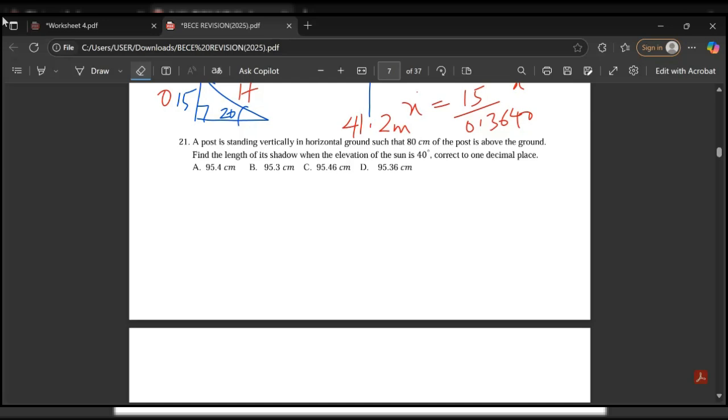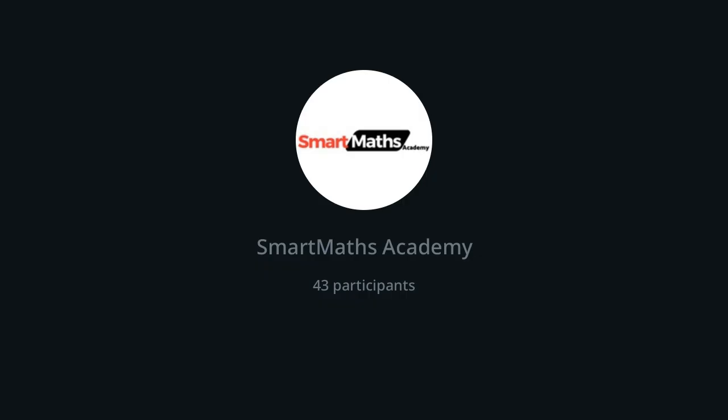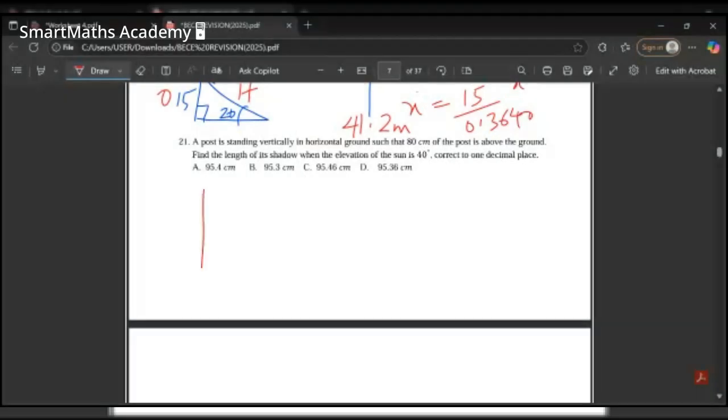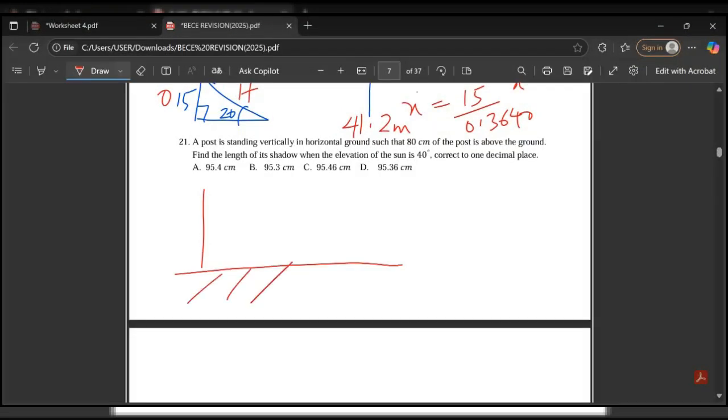So a post is standing. This is a post, standing here vertically. This is a vertical pole in horizontal ground. We have horizontal ground like this. So this is the ground level. Now I have a post here, such that 80 centimeters of the post is above the ground.